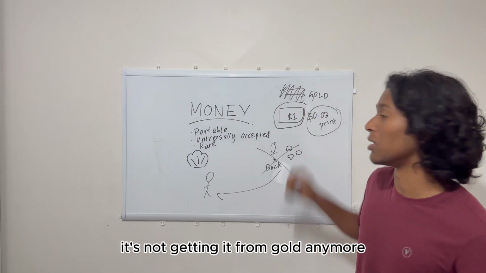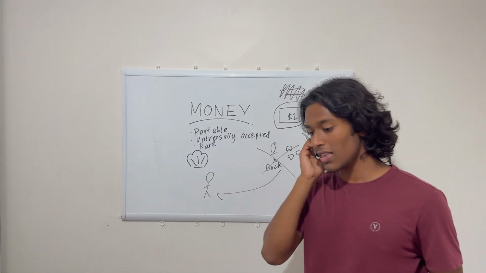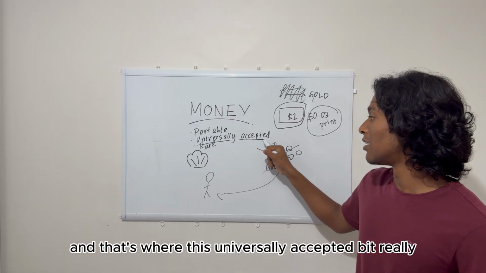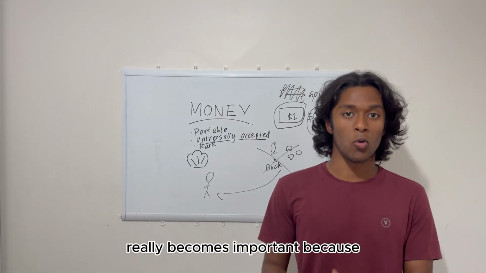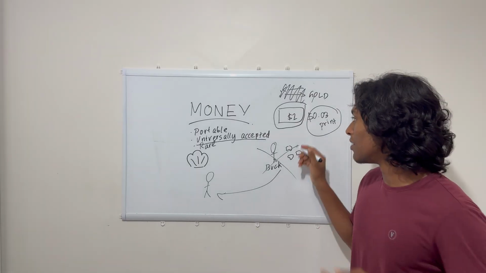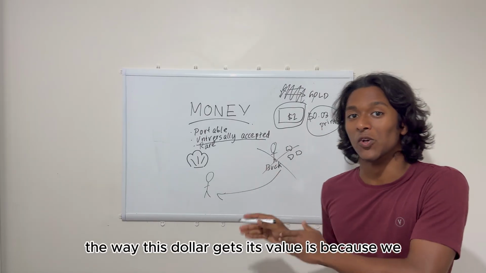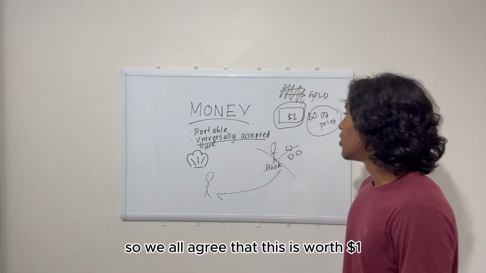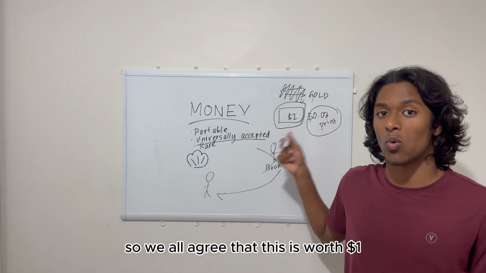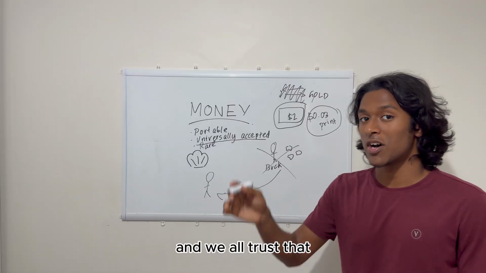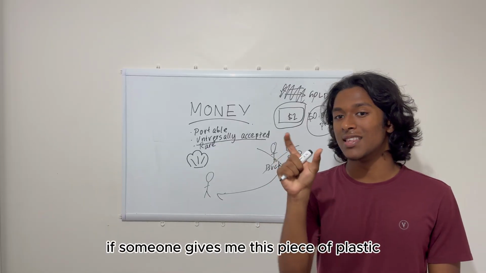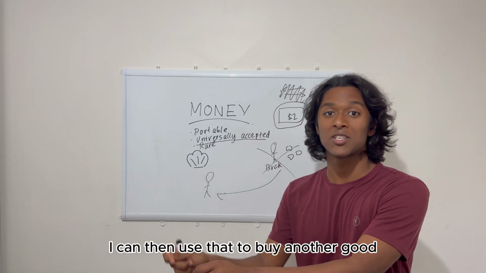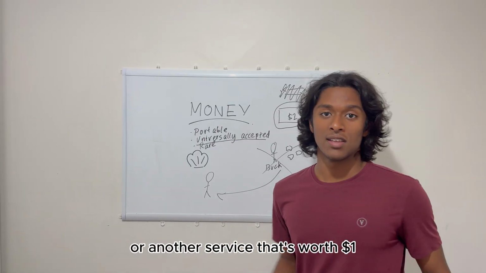It's not getting it from gold anymore. So where is it coming from? That's where this universally accepted bit really becomes important, because the way this dollar gets its value is because everyone in the economy gives it value. We all agree that this is worth $1, and we all trust that if someone gives me this piece of plastic, this dollar bill, I can then use that to buy another good or service that's worth $1.